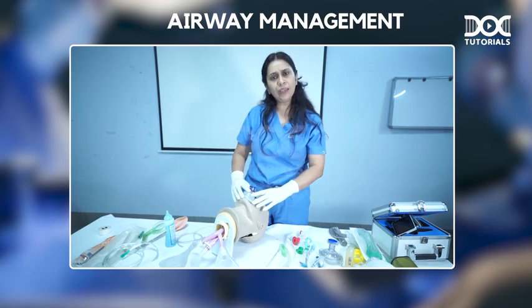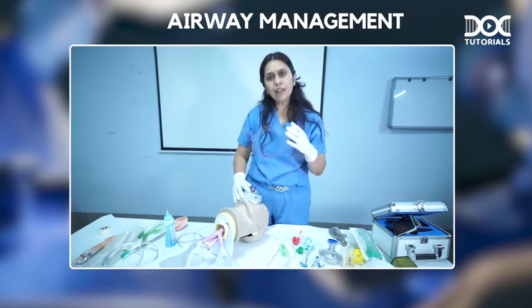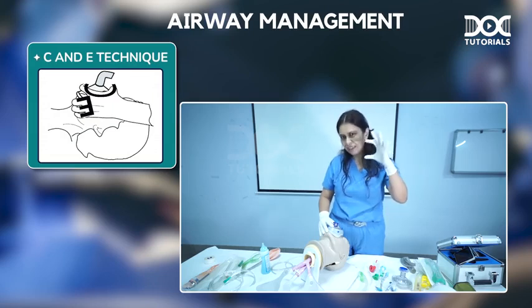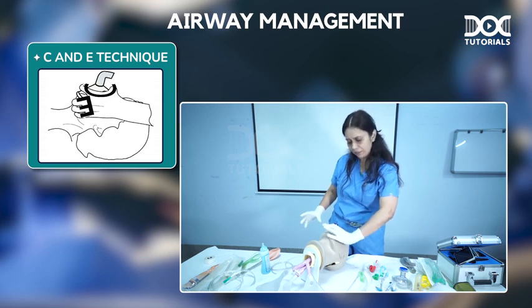Then how do we make a seal with this face mask? With the C and E technique. With my hand, I make a C and E. How do I make it? This is my thumb and this is my index finger. My thumb and my index finger would be on the body of the mask, and it will create a C and apply pressure downward.